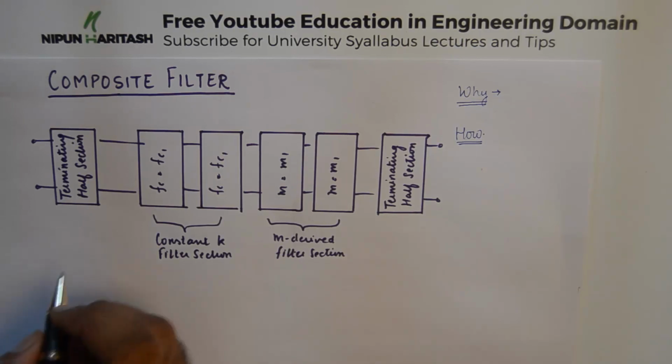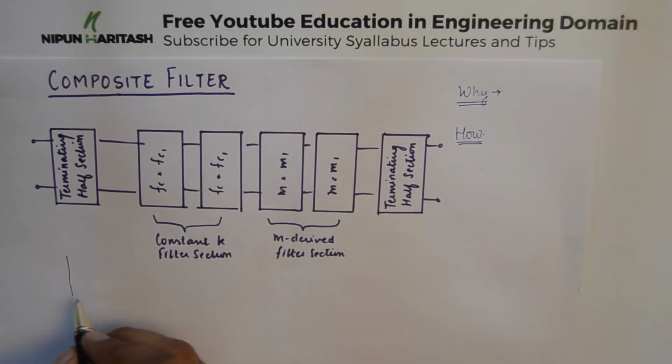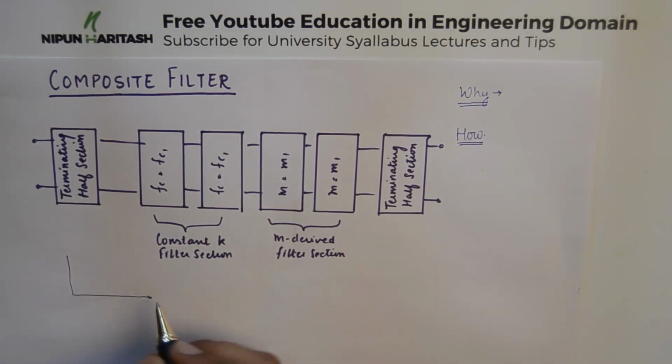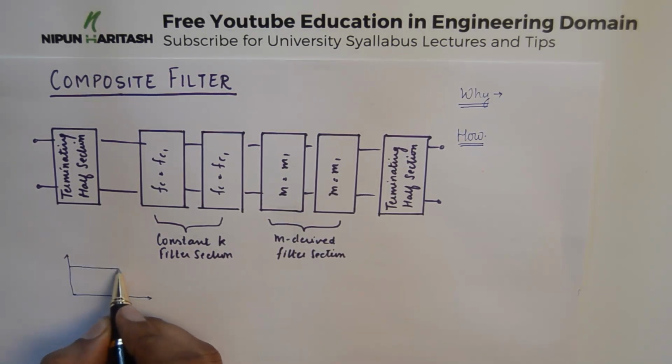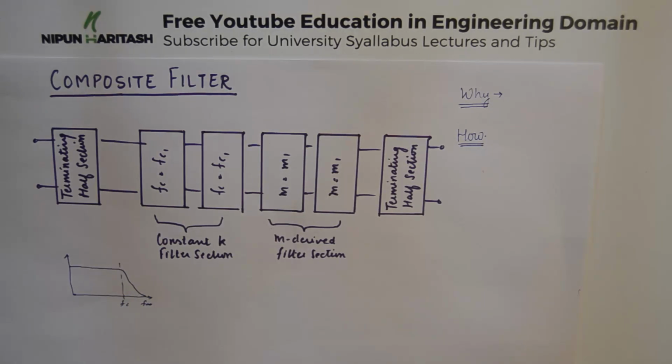If we were to draw the low pass filter response for a constant K type filter, it used to be pretty sluggish. So we used to have FC and F infinity pretty far away from each other, which was undesirable.